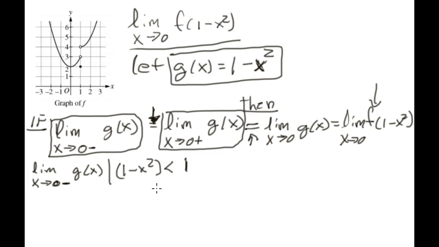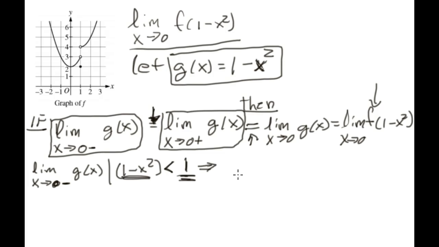Okay, so let that catch up for a second. This number is always going to be less than 1, which means that if I am approaching 0 from the left, this also has to be approaching 1 from the left, because this is always less than 1.